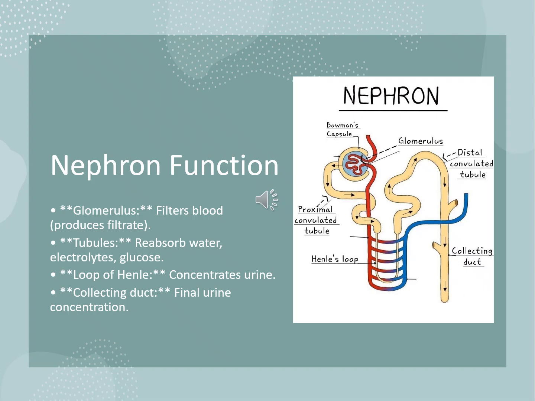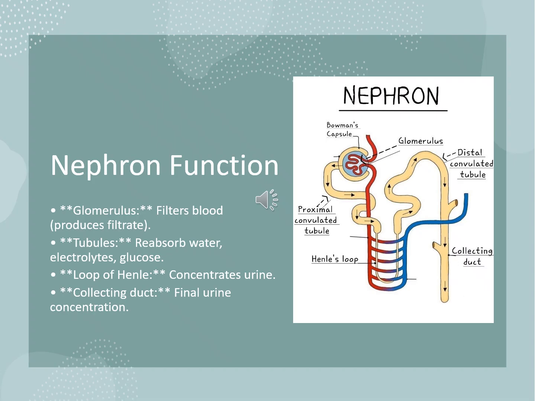Each nephron has two main parts. There is the renal tubule and the renal corpuscle. The renal corpuscle contains that glomerulus. This is that capillary network and contains the Bowman's capsule. We'll talk a little bit more about that later in this lecture.